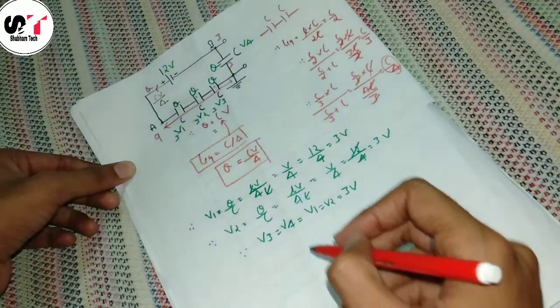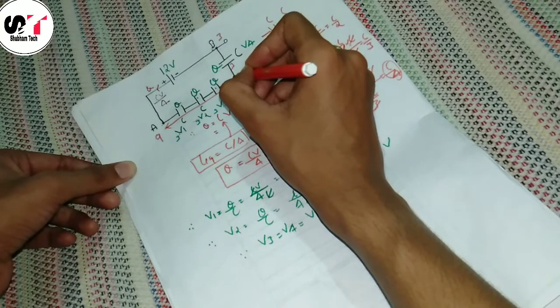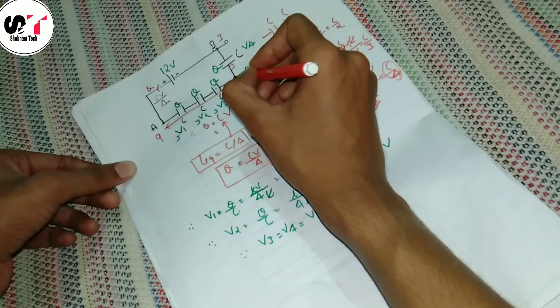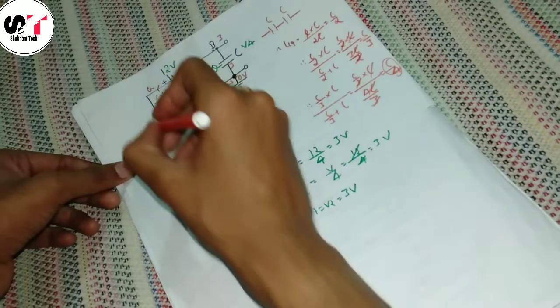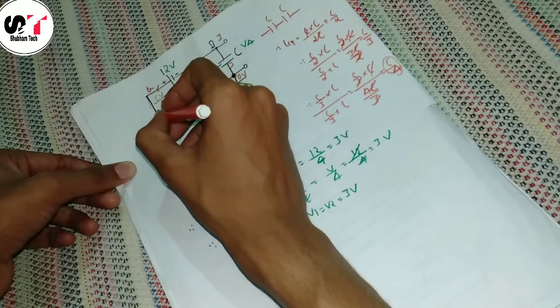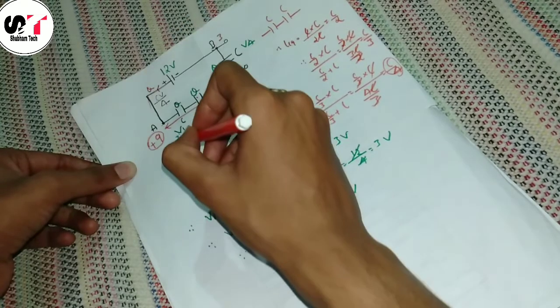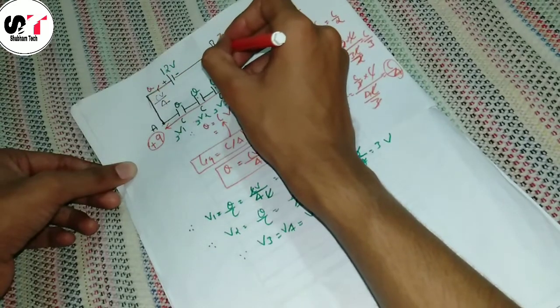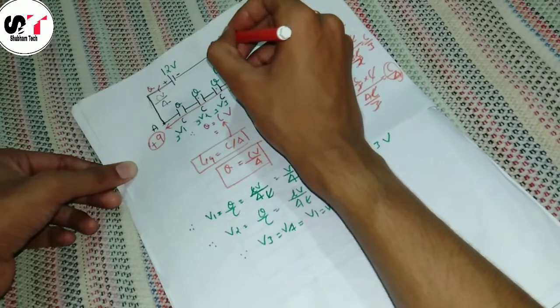Okay, this terminal is earth, means the voltage drop here is 0 volt because of earth. Now this terminal is directly connected to positive terminal, that's why we take positive sign, plus 9 volt. But this other terminal is directly connected to negative terminal, that's why we take negative sign.